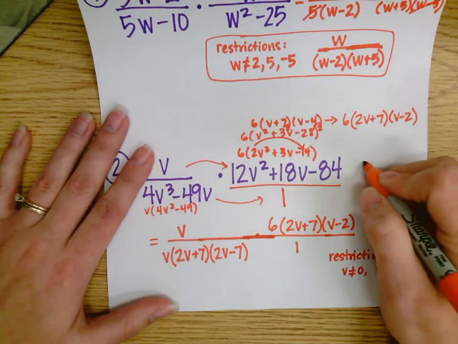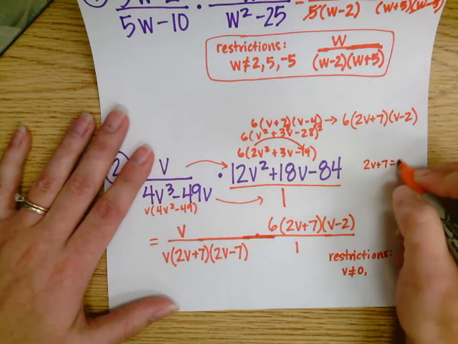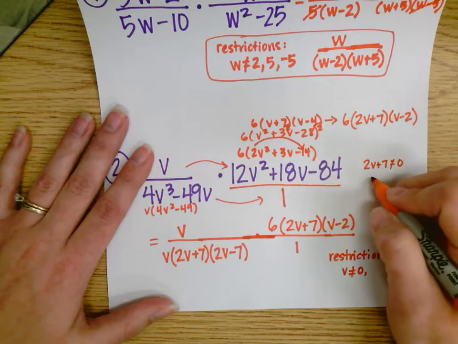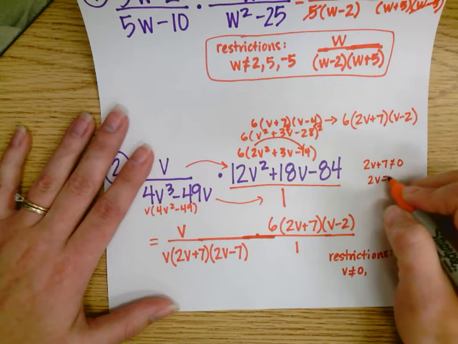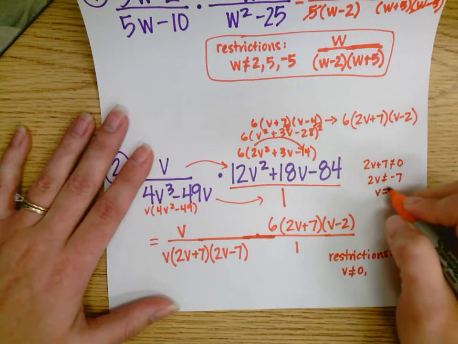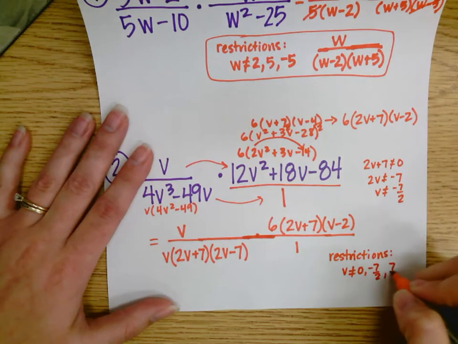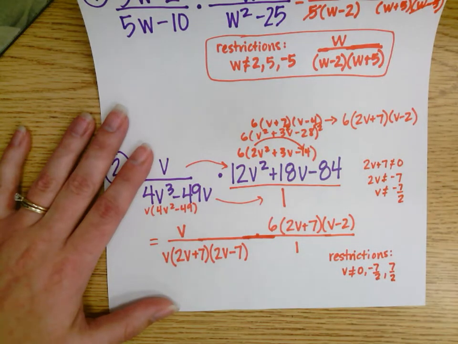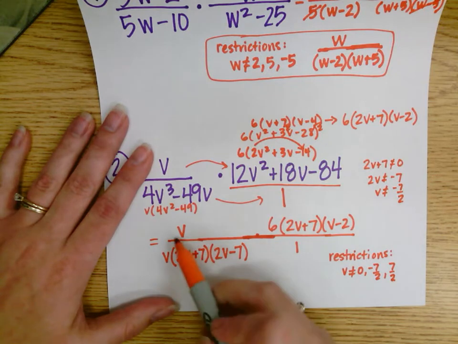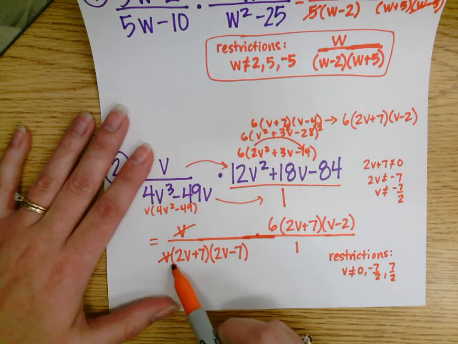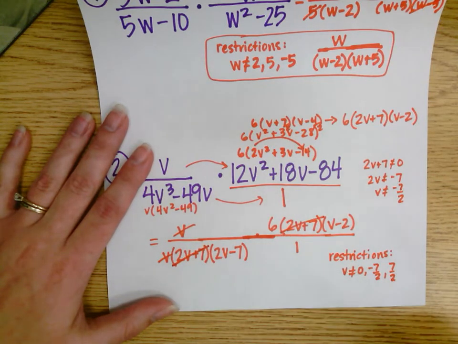Here 2v plus 7 equals 0, so 2v, so v is not allowed to be negative 7 halves or positive 7 halves. Alright, so then let's see what cancels. V's cancel. 2v plus 7's cancel. And I think that's pretty much going to be it.